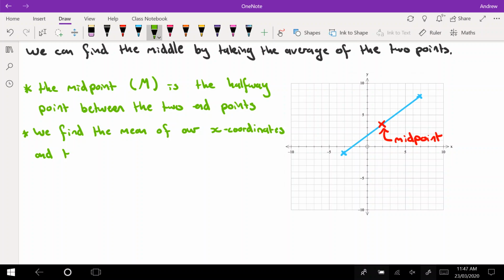Now when I find the mean of the x coordinates and the mean of the y coordinates, what does that word mean? Mean. What does the word mean? Yeah. So in terms of math, when I say mean, what is the definition? It's the average. I'm finding the average of the 2 points.